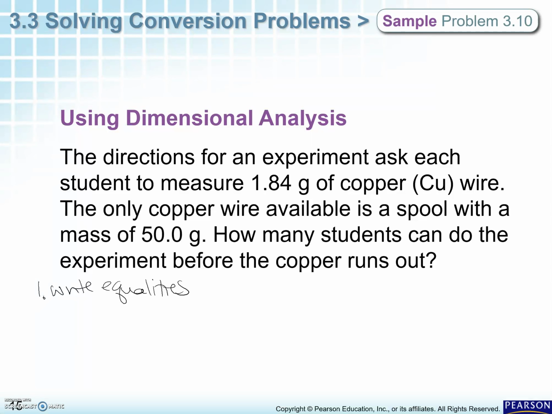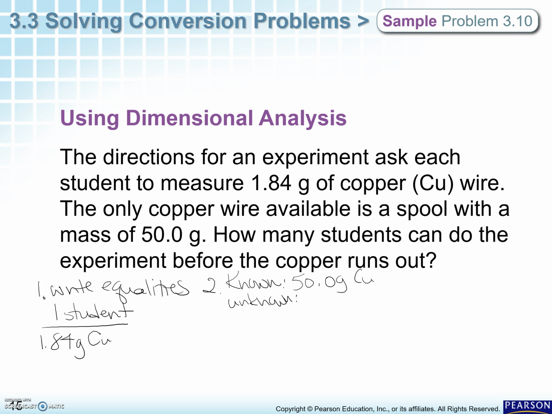So for this experiment, you would have 1 student per 1.84 grams of copper. Then we would write our known and our unknown. So we know that we have 50.0 grams of copper, but we don't know how many students we can help.